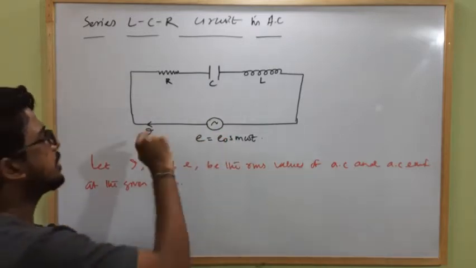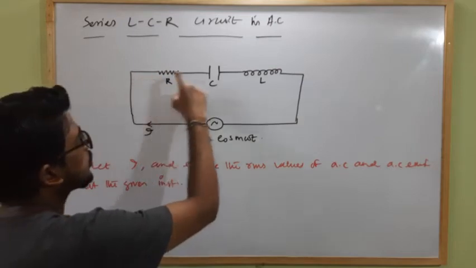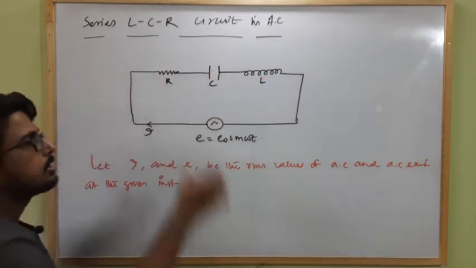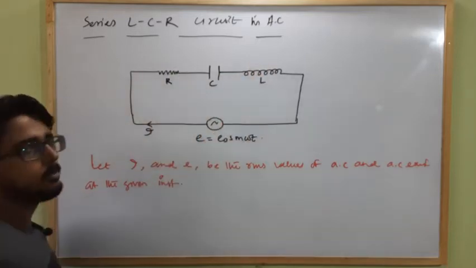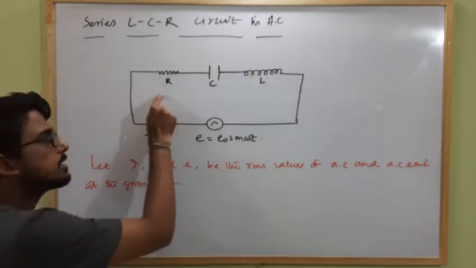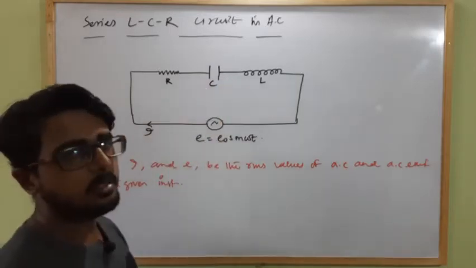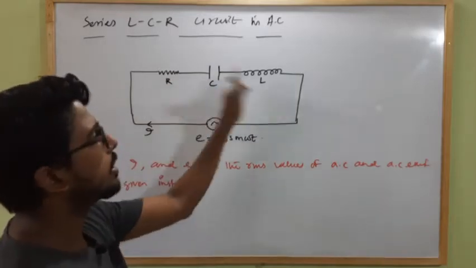So what will happen when I amount of current is flowing across this circuit? As all these components are connected in series, the current through all the components remains the same, but the potential differences are different. Because in series the potential difference will be different for all the components but current remains the same.